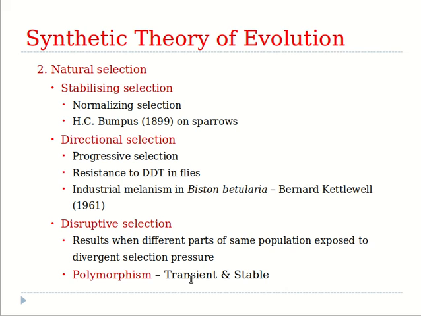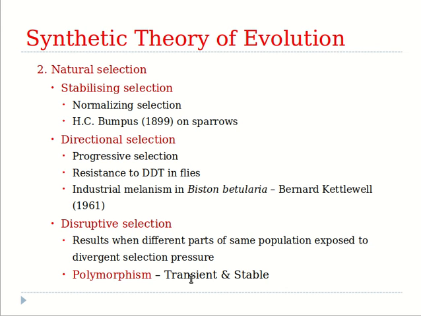But after the industrial revolution, as there was increased soot deposition, the tree trunks started to become black. So the light colored peppered moth slowly started to adapt to the changing conditions and developed melanic forms. At a time, melanic forms as well as the light colored peppered moths were both present, but slowly the dark colored peppered moth completely replaced the lighter colored ones. So that is an example of transient polymorphism.